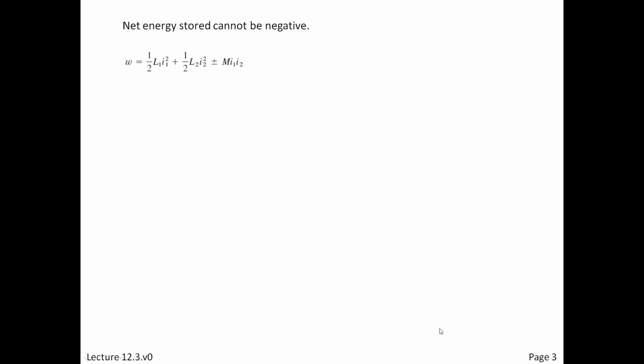So we take our formula that we ended with in the last page, where we have clearly the sum of the self energies, right? You had this from way back in first semester, and then we add this mutual term in here, and we showed that whether you calculate this equation with the number one side driven and the number two side open, or you do the analysis in reverse, you get the very same number.